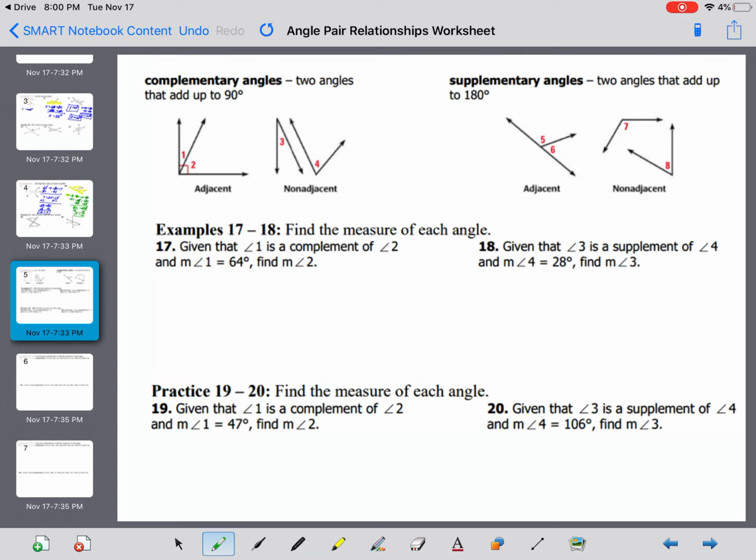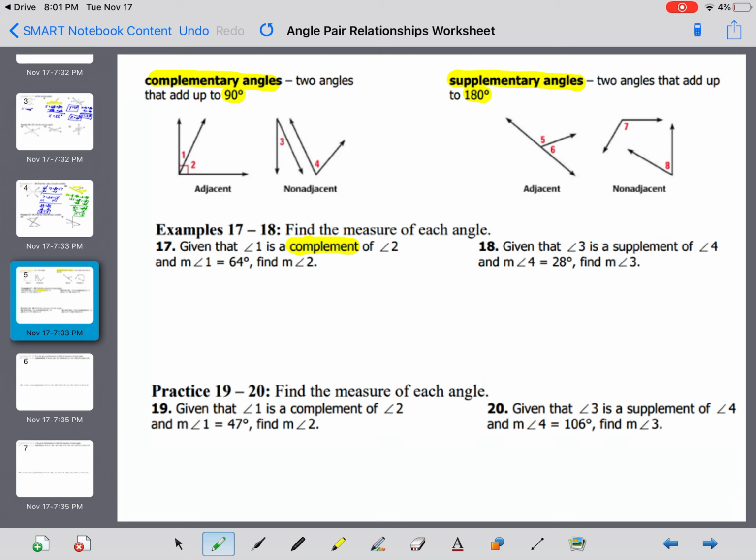As we keep going, we come across some more definitions we know. Complementary is 90 degrees. Supplementary is 180 degrees, excuse me. Example 17 and 18, find the measure of each angle. Angle 1 and angle 2 are complements of each other, which means 90 degrees.